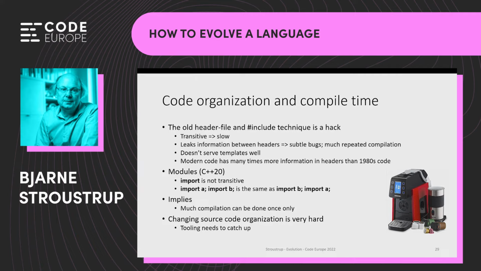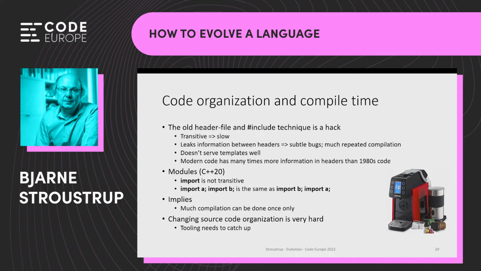If I have a header file and it includes another header file, which includes another header file, you have to compile a lot of stuff. And it leaks information among the headers, and you can get really subtle bugs, and it doesn't serve templates well. And also today, the average header file is bigger than the average program back in 74 or thereabouts. So this is no good.